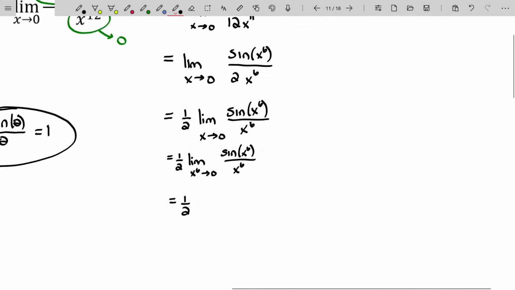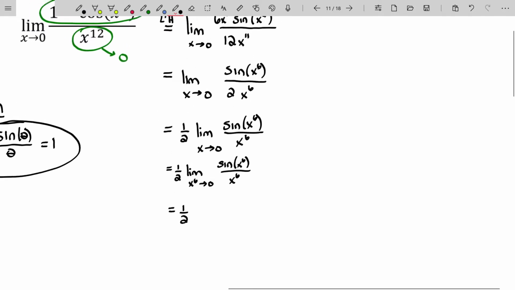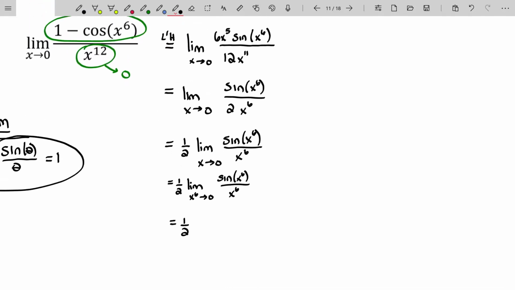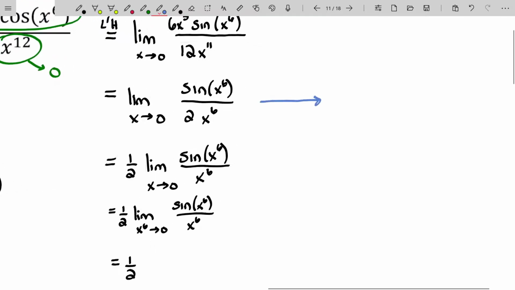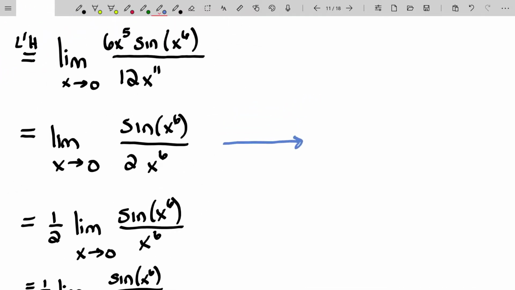Now you didn't have to do it that way. You could have continued using L'Hopital's rule from this point. So I'll use a different ink for that, just to showcase that it would still lead to the same value. If you were to, at that point, try to use L'Hopital's, obviously as x goes to 0, sine of x to the 6 is 0, and 2 times x to the 6 is also 0.